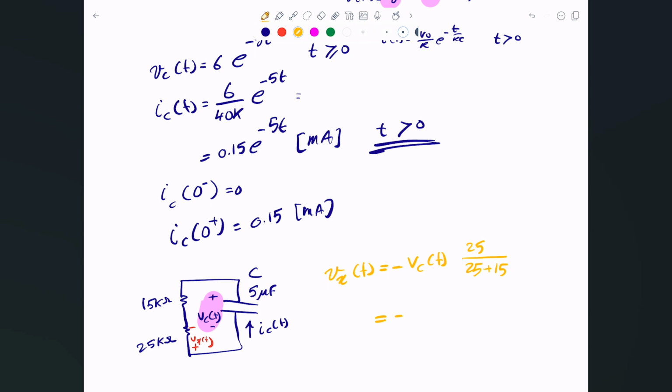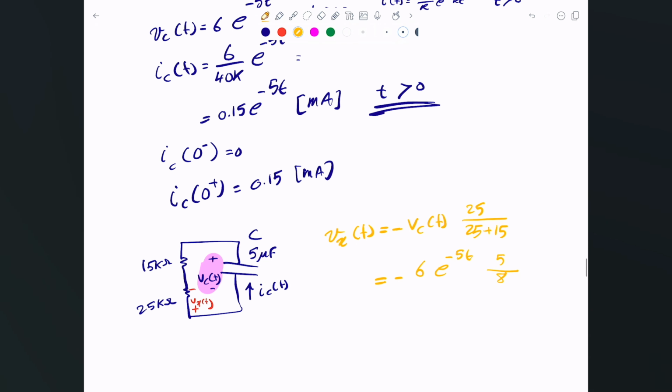So negative Vc(t), which is this equation, 6 times e to the negative 5t, I believe, times 5 divided by 8. Let me do a little bit of multiplication here, and I will end up with negative 3.75 e to the negative 5t. And that is, in this particular case, for t greater than or equal to 0.